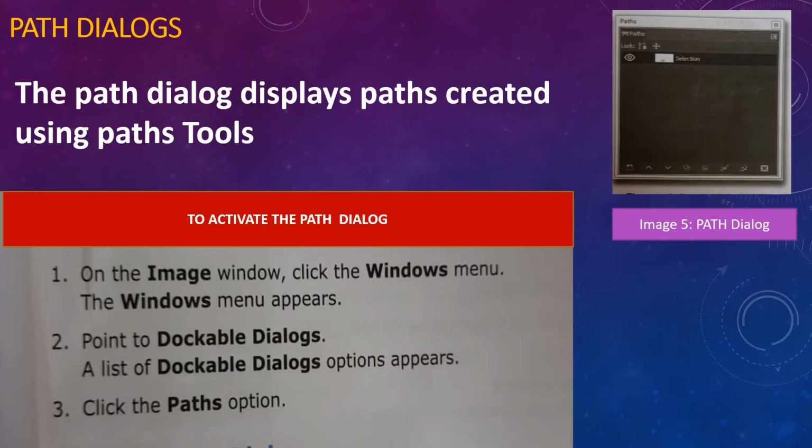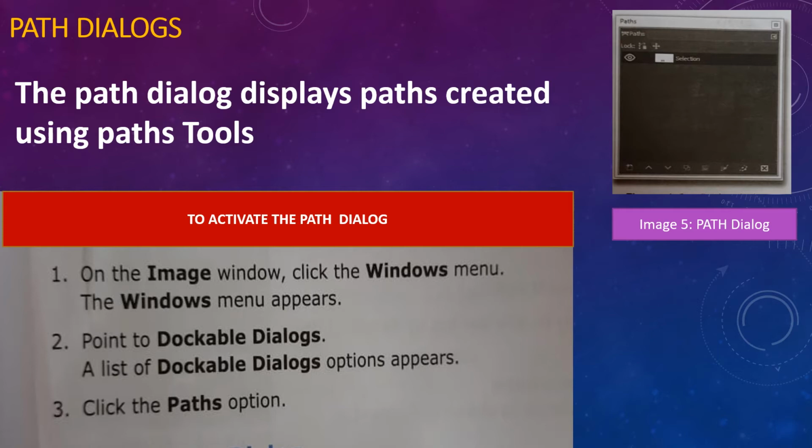So, path dialog. The path dialog displays paths created using the paths tool. So we can manage paths by creating and deleting them as required. The eye symbol to the right of the path indicates the path is visible.